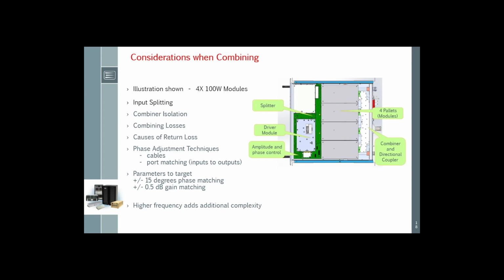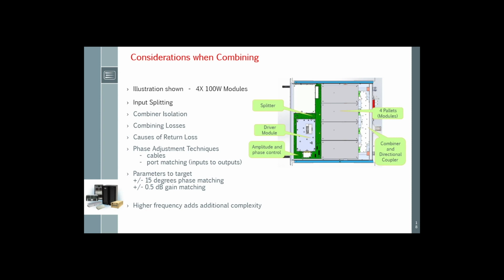Usually it's very good to use combiners that have isolation, so that the imbalance between them is dissipated in isolated loads. The other aspect is that you have to be sure that your impedance matching is correct between the input splitters and the amplifiers and your combiner.